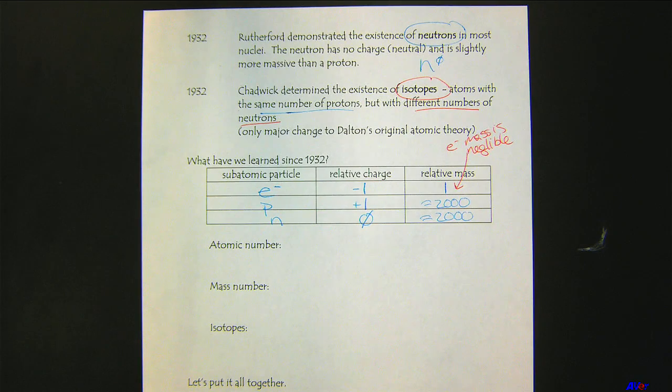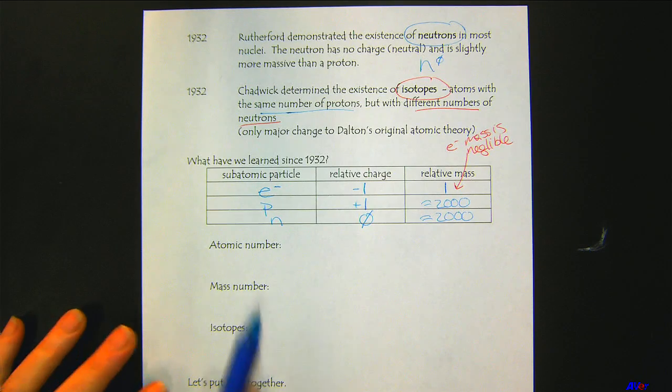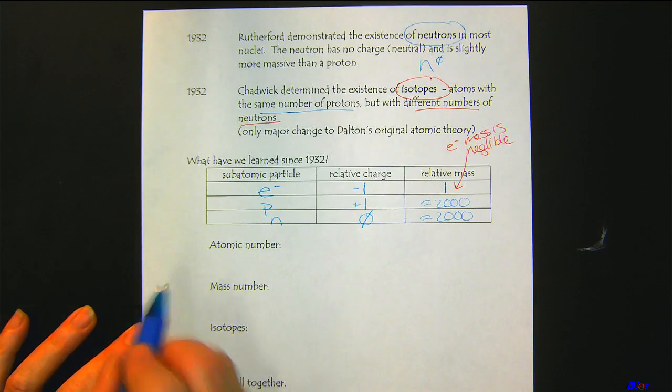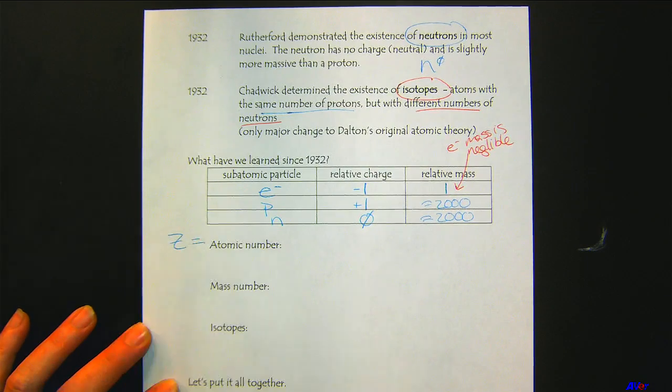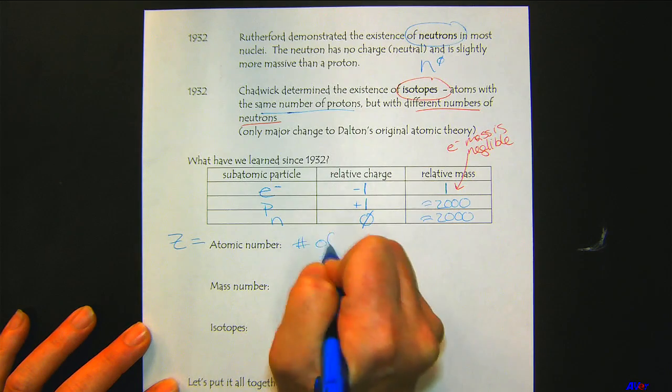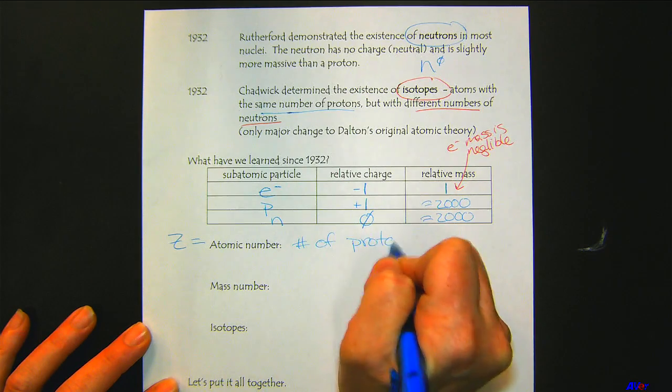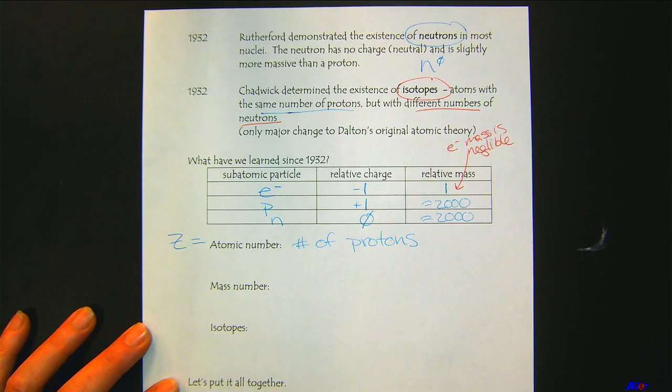Okay, so now we need some terms to describe atoms so that we can compare them. All right, so for atomic number, we're going to use the symbol Z, and so that represents the number of protons in an atom. All right?